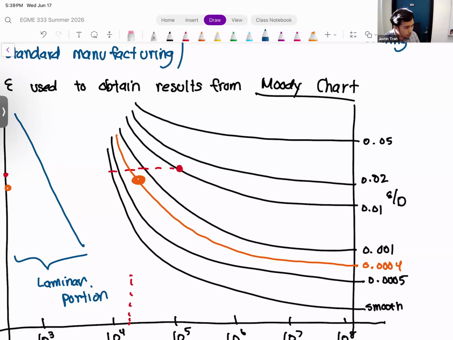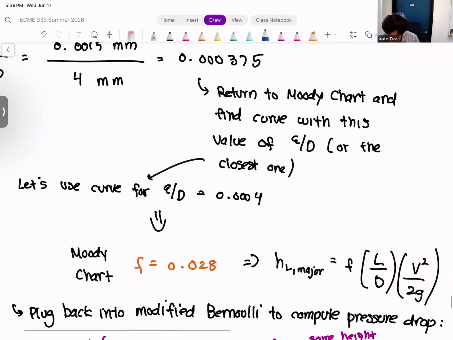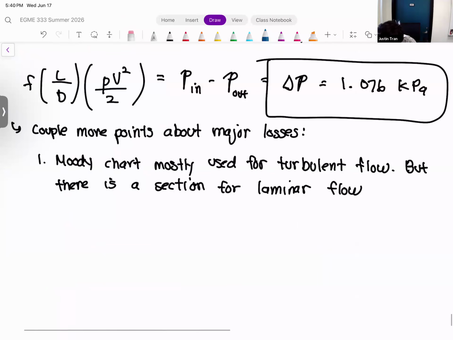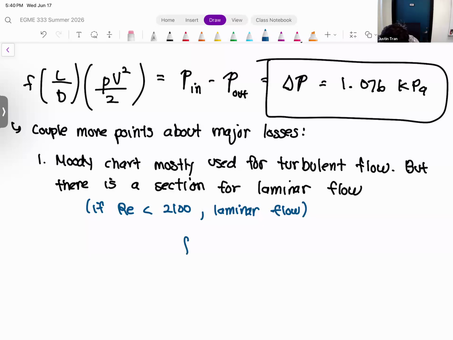Also, for this section of the chart, there actually is an analytical formula for the friction factor. So you don't even have to look at the chart. You can just use this formula, which is a lot easier. If your Reynolds number is less than 2100, which is laminar flow, then the friction factor f is equal to 64 divided by the Reynolds number.